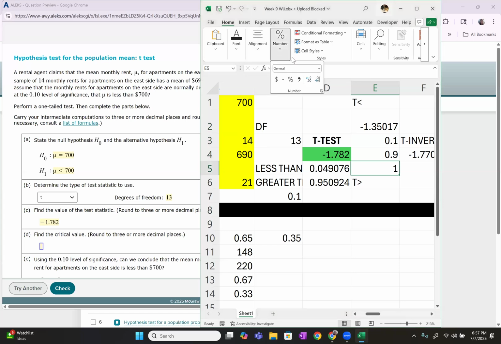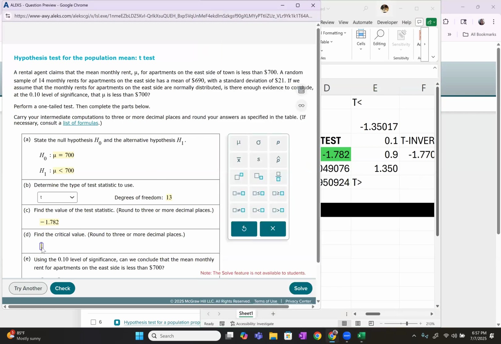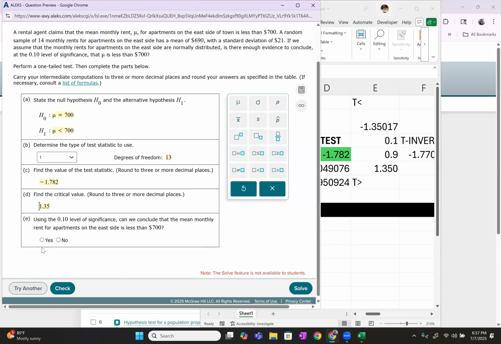Let me see something here. So 1.35. Okay, now based on this, you gotta put 3 or more decimals: negative 1.350.